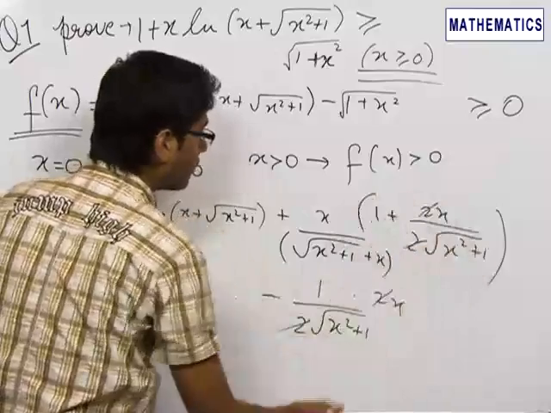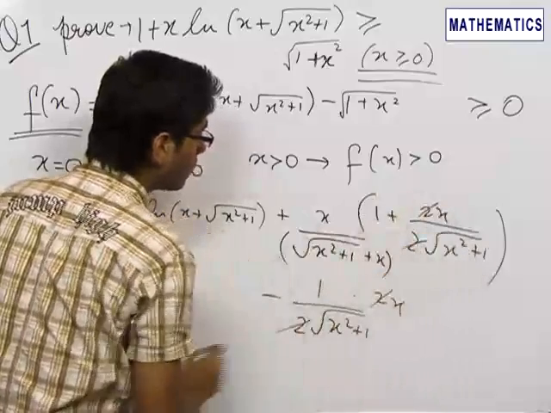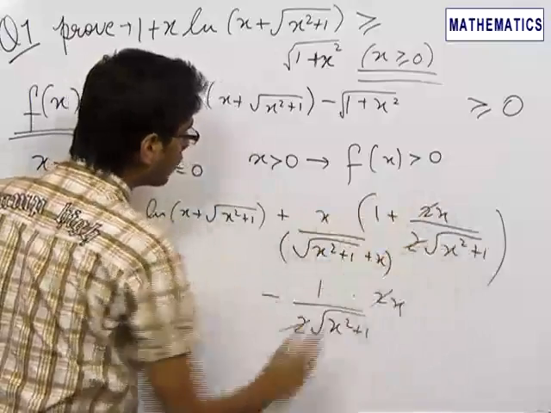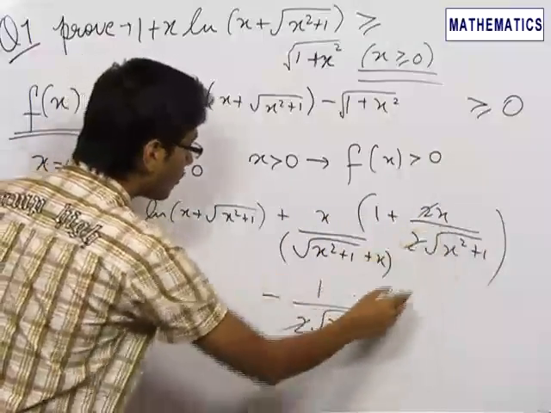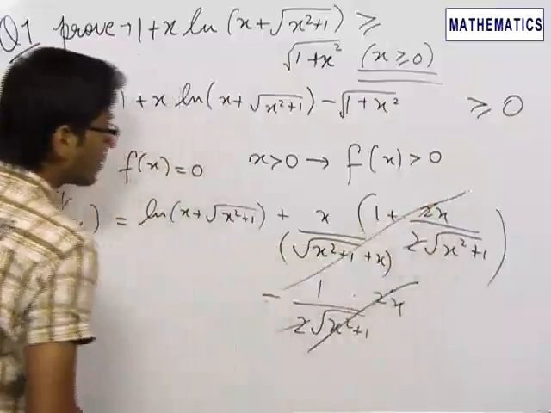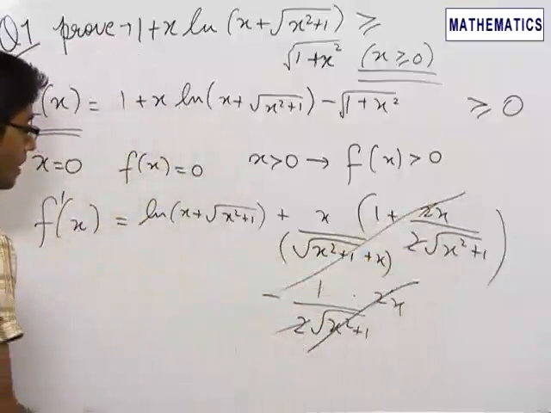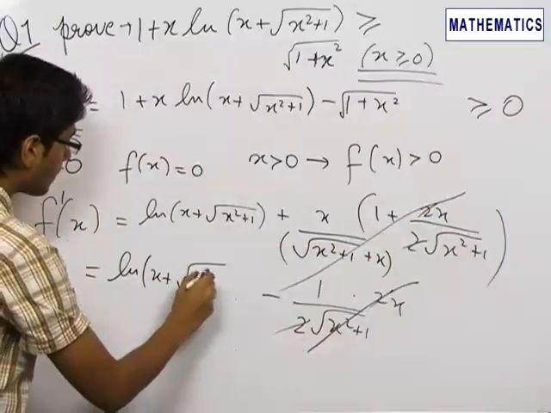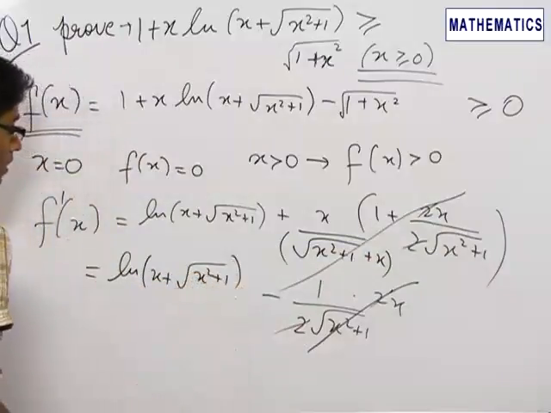Now on taking the LCM, we get x + √(x² + 1), which will get cancelled out with this term, and we will get x/√(x² + 1), which will get cancelled out with this term. So this whole term gets cancelled out with this term, and we are left with ln(x + √(x² + 1)).